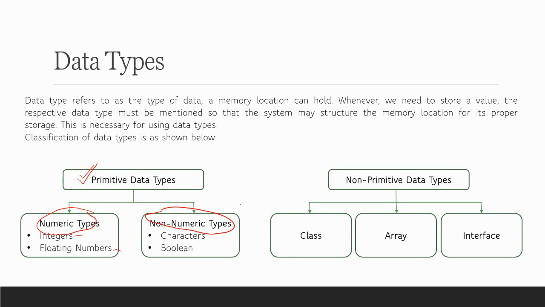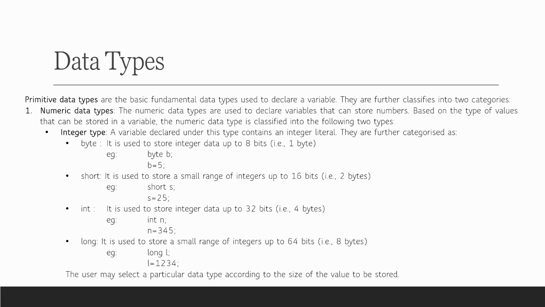A variable declared under integers is considered to be an integer literal. They are further categorized as byte, short, int, and long. You may remember that I had used int as a data type in the tokens lecture to assign an integer literal to a variable.